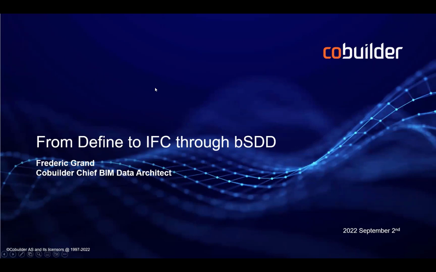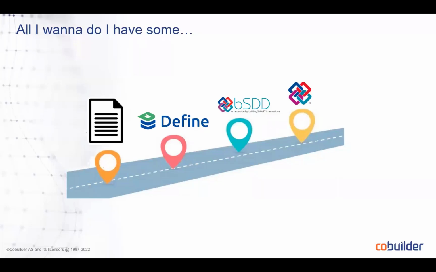Okay, so today, all I want to do is tell you the full story. What Leon showed was how to use the content provided by bSDD for specific use cases. Erik showed us how to add content into bSDD through this JSON file, and what tools you can use to access it through the API.